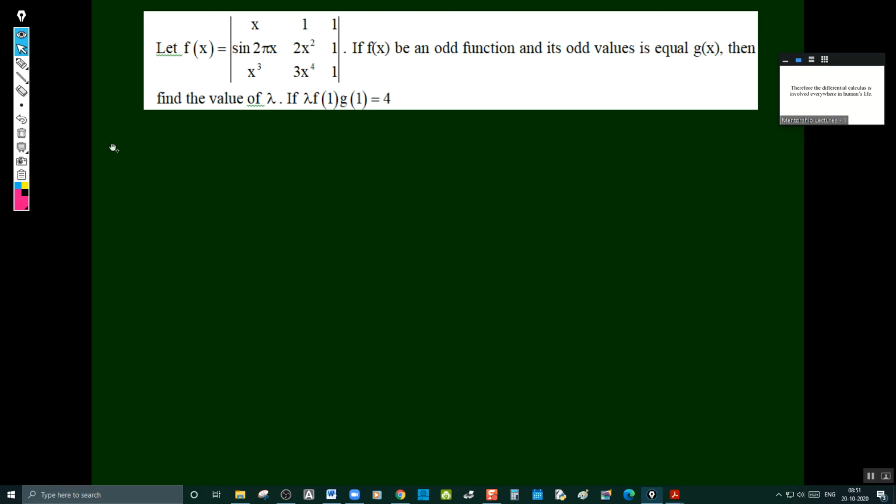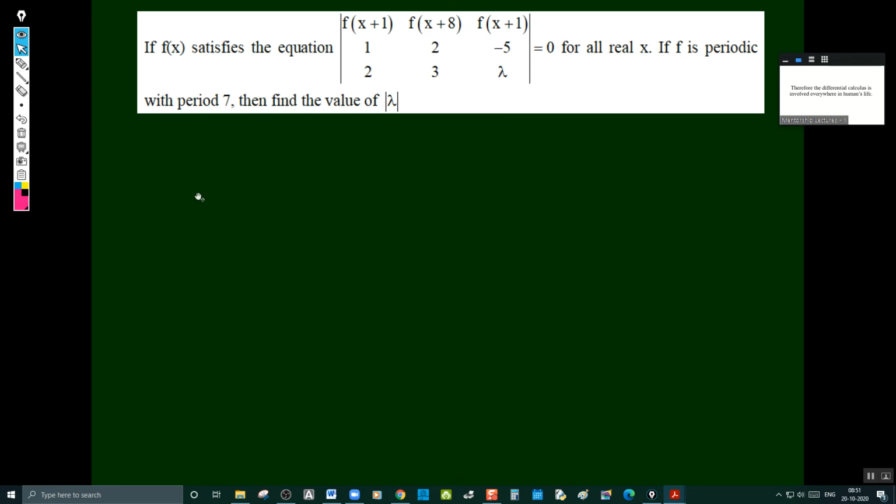Moving on to the next question. This is a periodic function. That is why, just to remind you, the period also I have taken up. Exactly, just remember the definition of period. I'm writing the definition of period here.